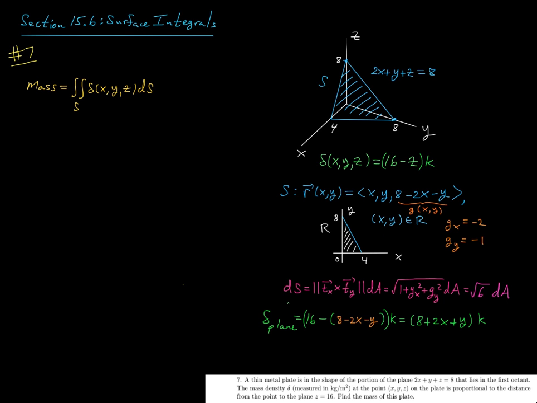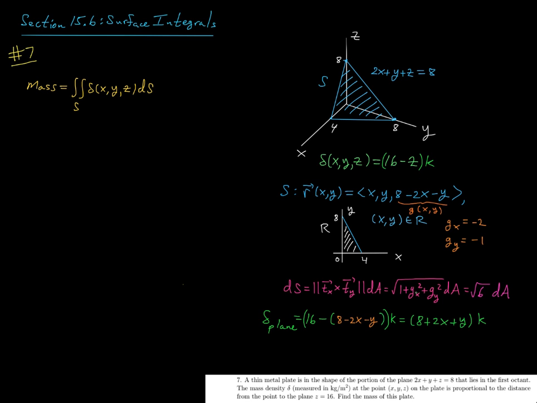Now what can we say about the differential surface area element dS? Since we're using an explicit parameterization, we compute the square root of 1 plus the x derivative of g squared plus the y derivative of g squared, and tack on the dA. Here g is this expression, z = g(x, y) = 8 - 2x - y.